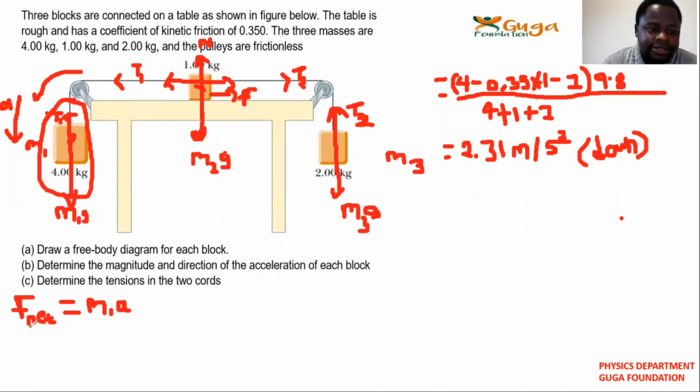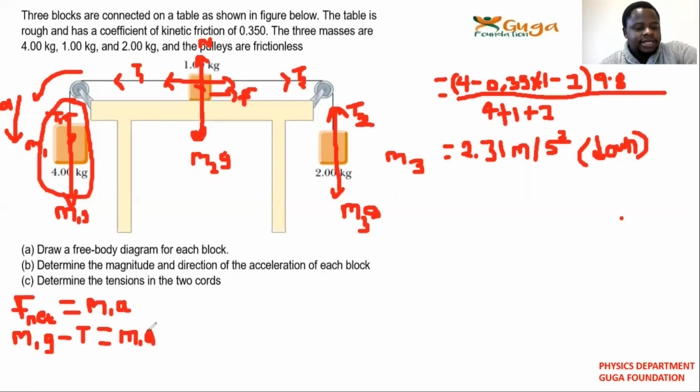Your M1 is downward, so you'll say M1 G, okay? And then this tension is upward, so it's minus, since it is opposed to the direction of the acceleration. Which is equal to M1 A, right?